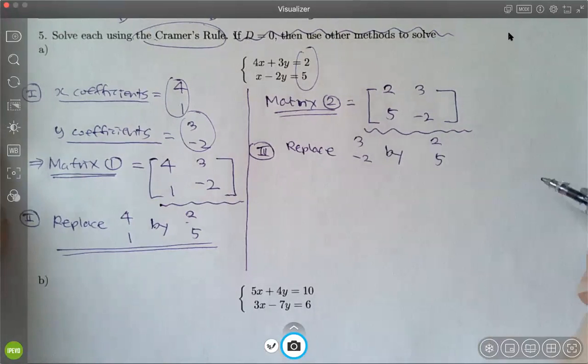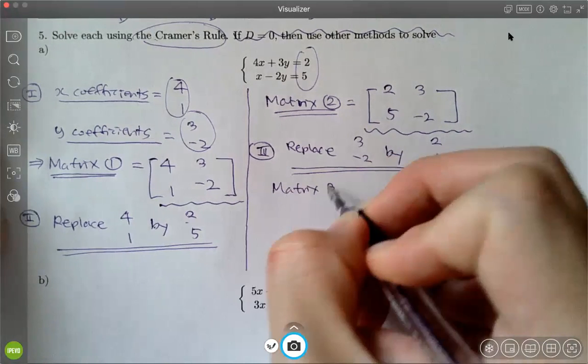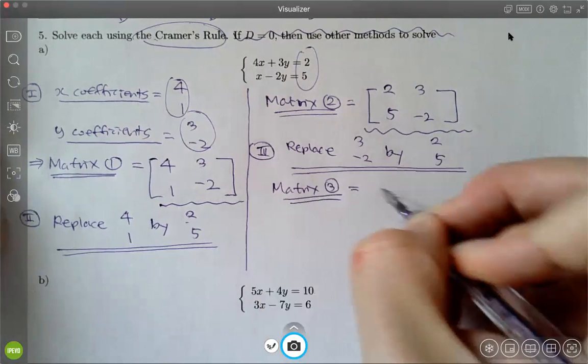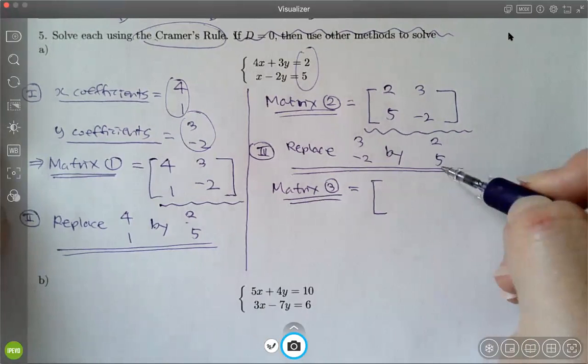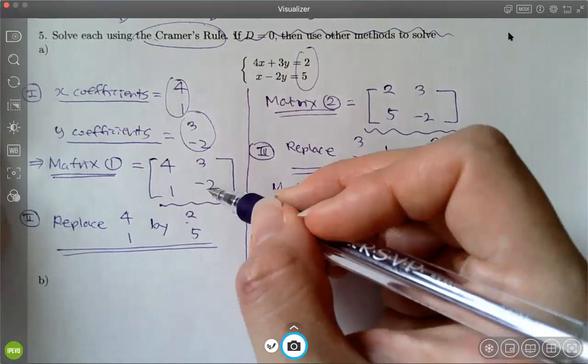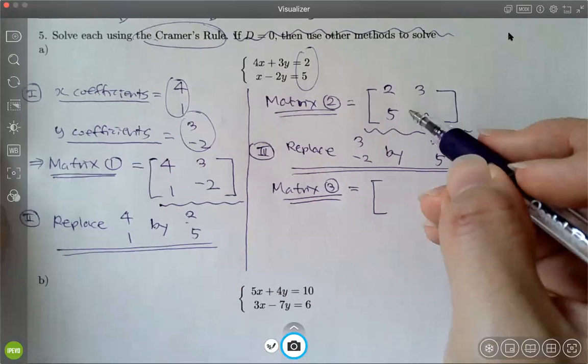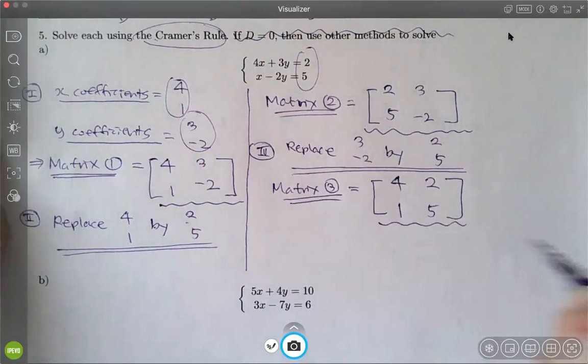Be careful: you don't replace it in matrix number 2. You always go back to the mother matrix, right here. So what do you get? 4, 1 for the first column, and then 2, 5. Now we have found all three matrices.